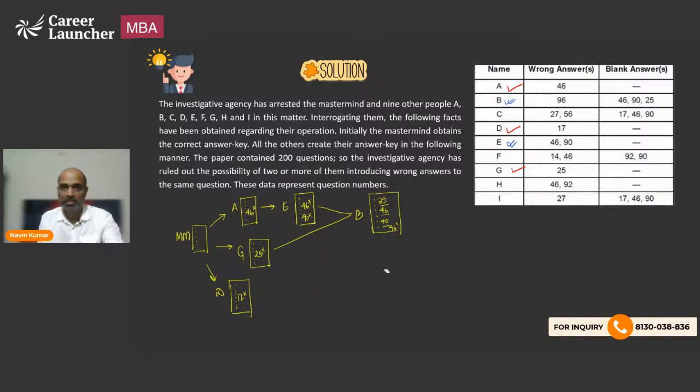Let's go to the next person, F. 14 and 46, two wrong answers, and 92 and 90 blank. We can say there is no 92 so far, so we cannot bring in F right now. Let's look at H. Two wrong answers, 46 and 92.